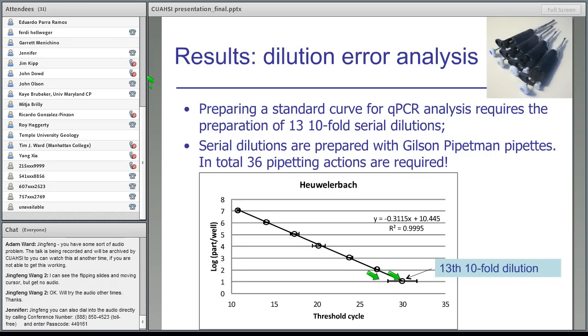So this final sample with a very low concentration of 10 particles per well, here after 30 cycles, is the 13th tenfold dilution. So you have a whole series of dilutions up to the original vial of DNA.